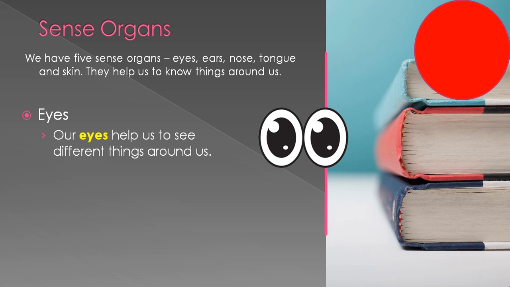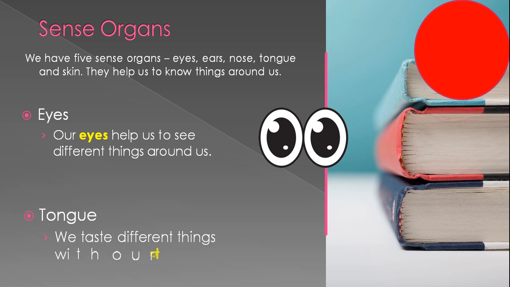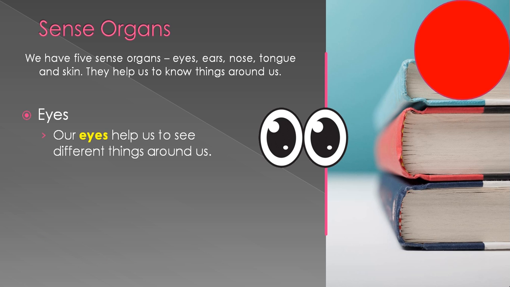With the help of eyes, we can see our mom, dad, brother, sister. Also, it helps us to read the book. So eyes help us to see things. Now if you are reading, you need eyes to see.